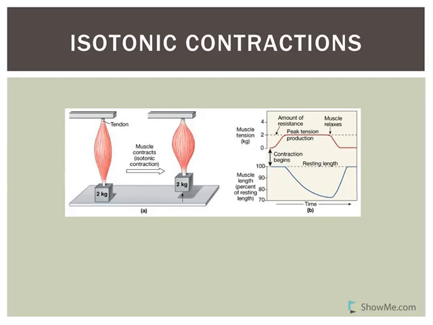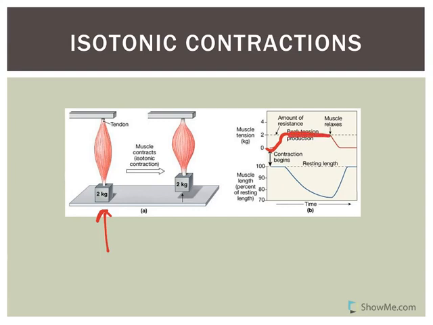So I'm going to show you an example of an isotonic contraction where we have a muscle and we're trying to lift 2 kilograms. And what you'll notice is tension is increasing. It's not until you have enough tension built up to exceed that load, in this case 2 kilograms, that tension remains the same, hence the term isotonic.